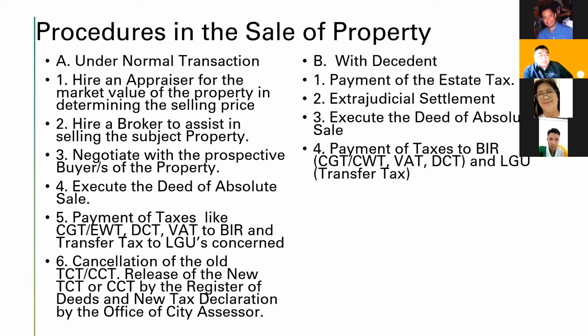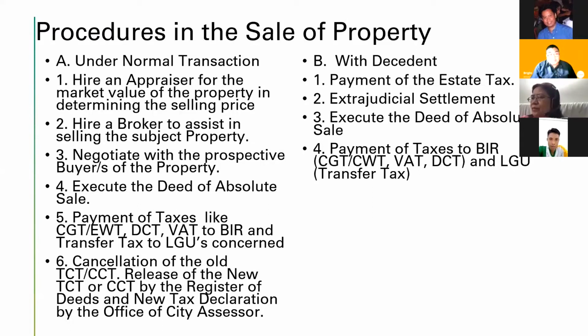Now, after the deed of sale has been executed, it has to be notarized. However, you have to be careful before you notarize it because there is a particular penalty. So within 30 days. Now, what are those? In order for the BIR to facilitate this, what are the taxes to be paid?